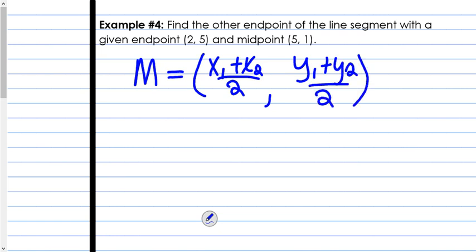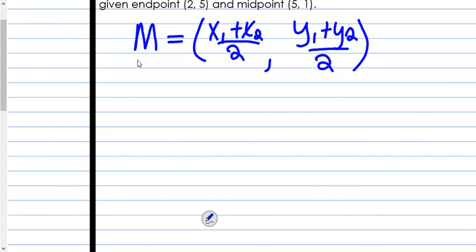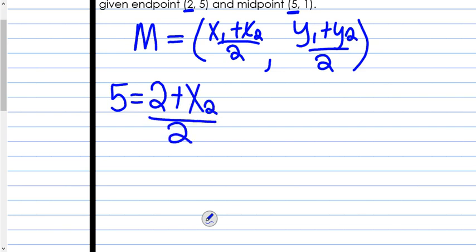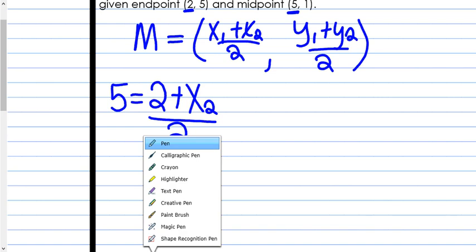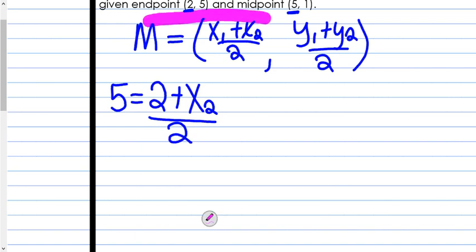So they gave you the midpoint, x and y, and they gave you one of the points. So we're going to plug in that information, okay? I'm going to scroll this down just a little bit. Okay, so my x-coordinate of my midpoint is 5. So I'm going to say 5 equals, the x they gave me is 2, plus I'm looking for my other x. So I took this portion of the formula and I plugged in what I know.